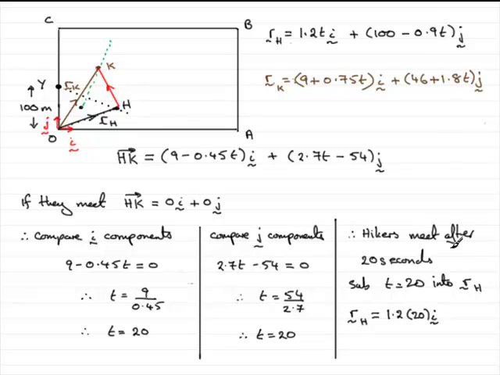Well, I haven't got much room here, but if you do work that out, you'll find that you get 82j on the end here. Clean this up, finally 1.2 times 20 turns out to be 24i, and then you've got your 82j. So that's where they meet.